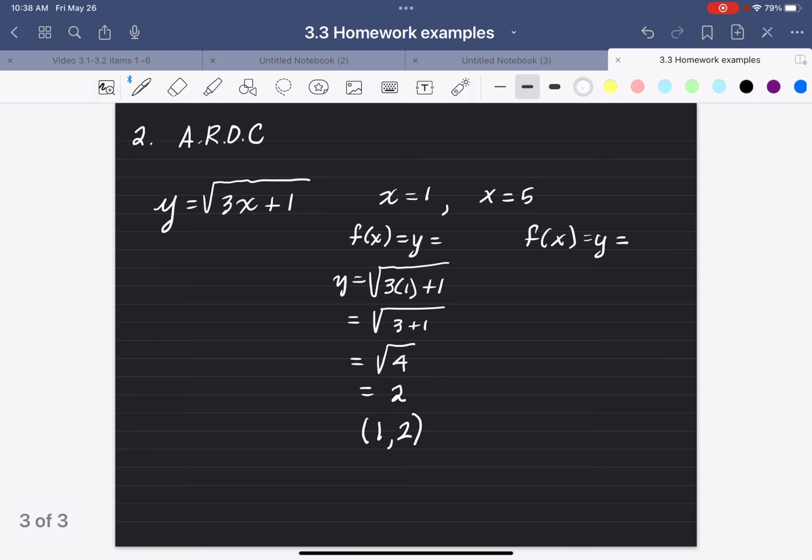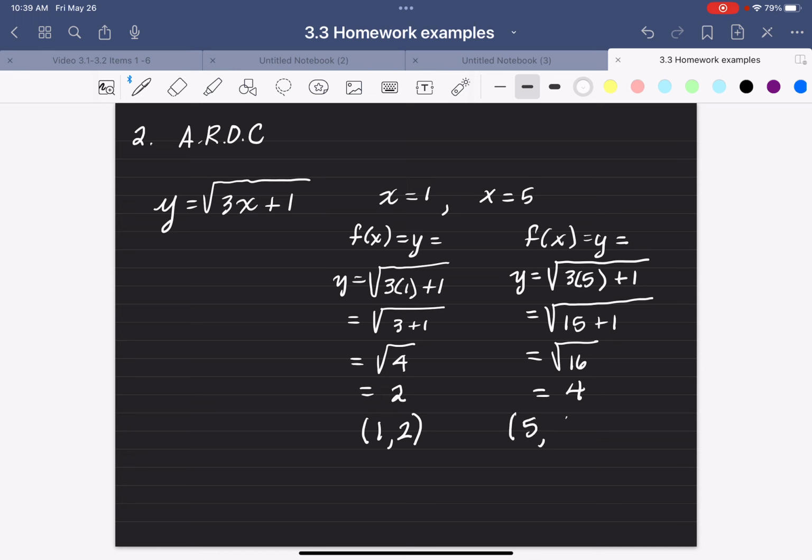Now we're going to do f of x for the second value. So that's y equals the square root of 3 times 5 plus 1. That's the square root of 15 plus 1 is the square root of 16, which is 4. So that corresponds to the ordered pair: 5 is our input and 4 is our output.